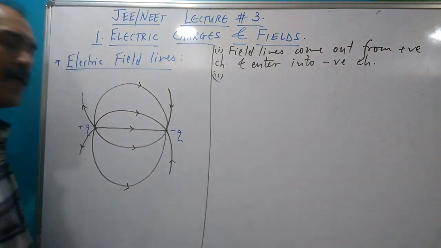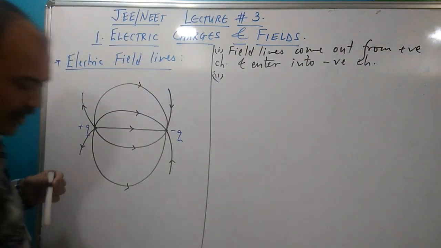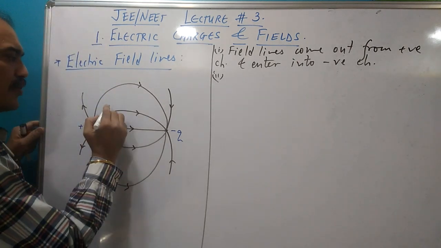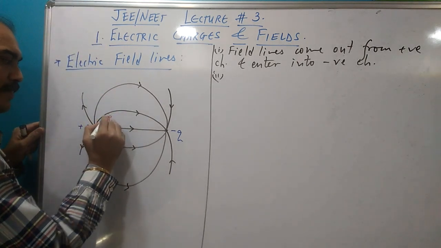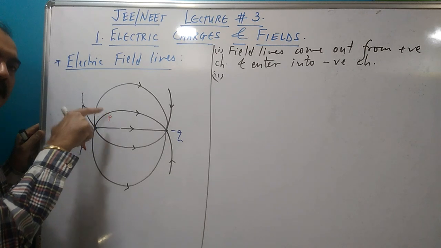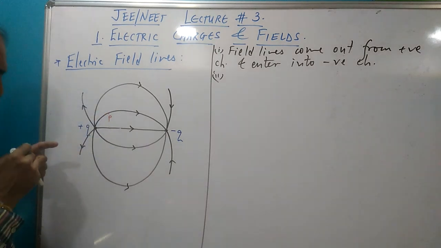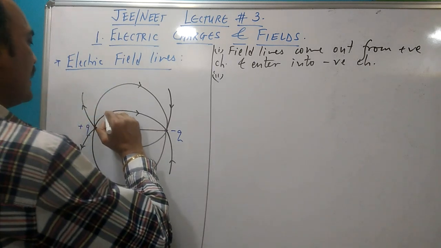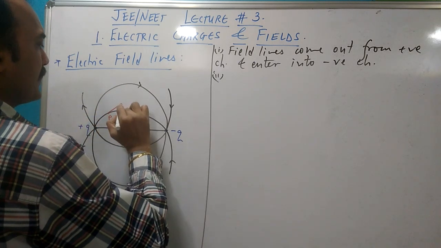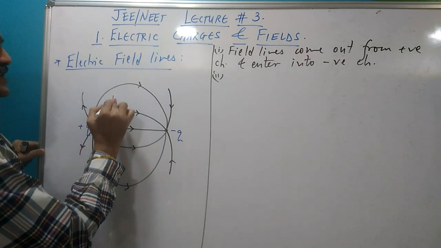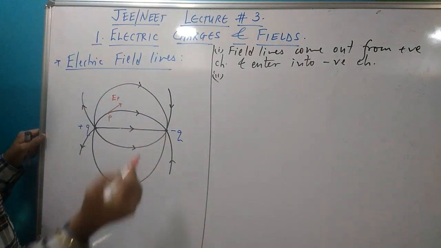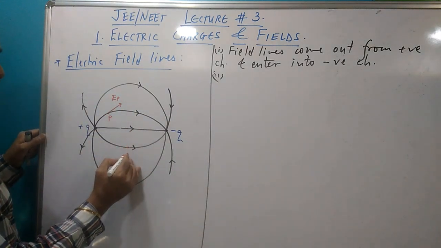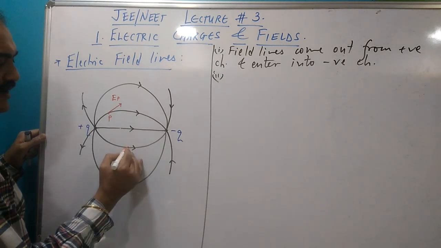Second point, now somebody would like to ask me, sir, I have this point P. What will be the direction of electric field at this point P? The idea is draw a tangent to the line and you get the electric field. So this is the electric field at point P. Somebody would ask me, this is point S. What would be the direction of electric field?